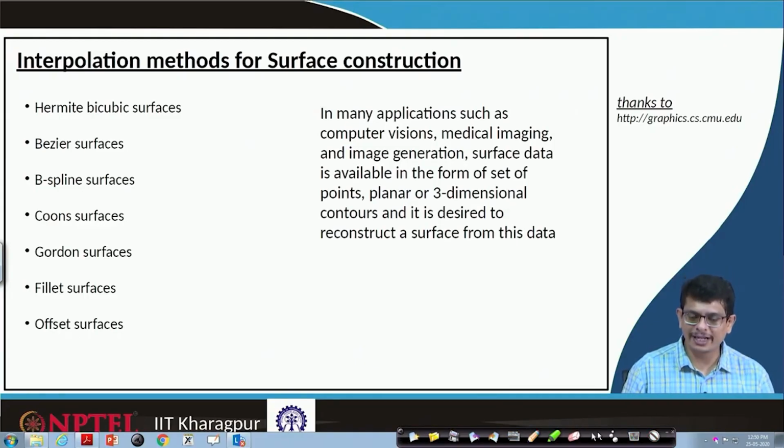So, for medical imaging, image generation, surface data is available only in the form of a set of data points, and what we are all the time interested in is constructing that 3D image.